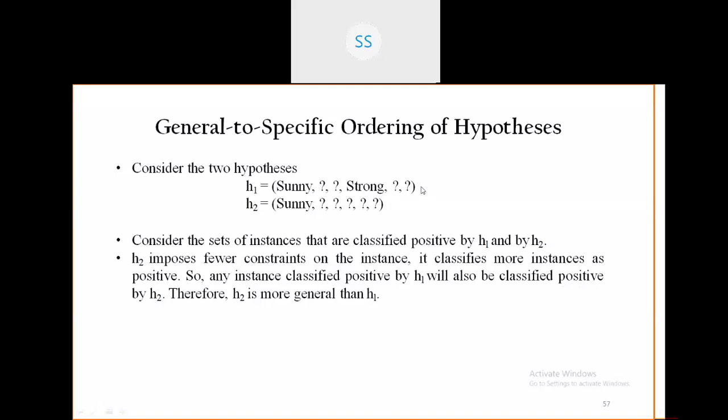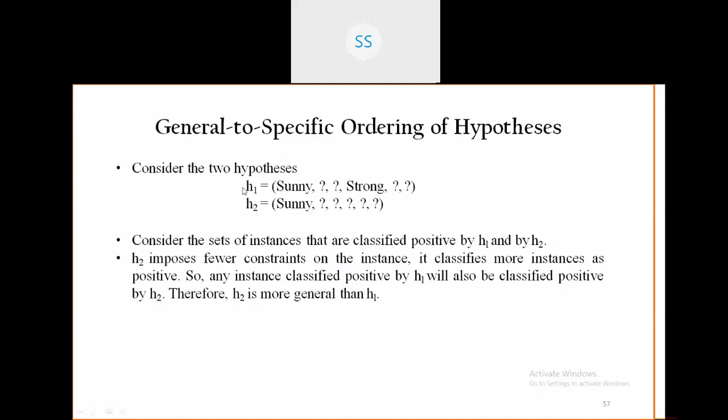If H1 is going to make an instance positive, obviously H2 is going to make the same instance positive, because look at the attribute here. The attribute can be anything, right? It can be anything, so it can even be strong as well. Strong is a part of anything, right?